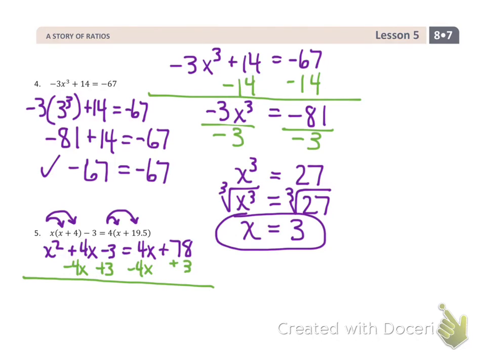So on the left-hand side, all I have left is x squared. And on the right-hand side, 4x minus 4x is 0. 78 plus 3 is another one of those perfect squares, 81. So the square root of x squared is equal to the square root of 81. So x is equal to 9.